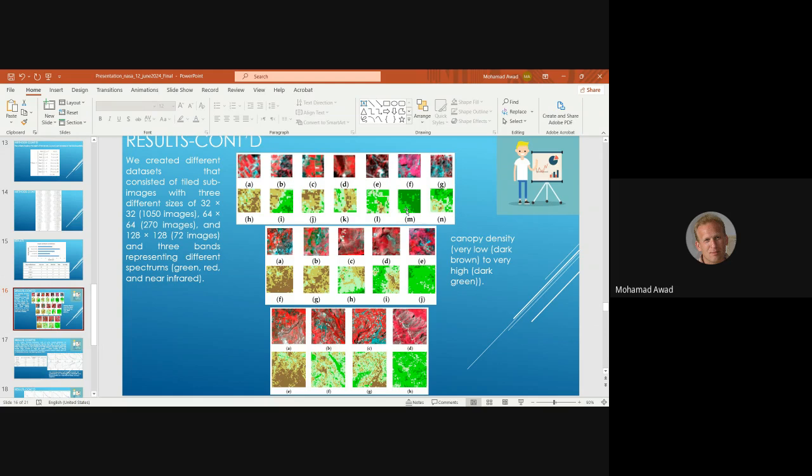And these sub-images represent the qualitative content of carbon sequestration, from dark brown, representing very low carbon sequestration, to dark green, which represents very high carbon sequestration capability of sequestering carbon in the area. The same applies to the data set of 64 by 64 and the data set of 128 by 128.